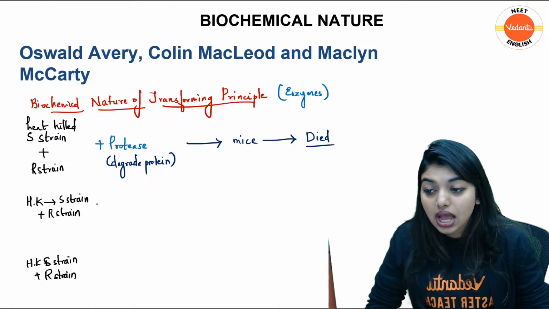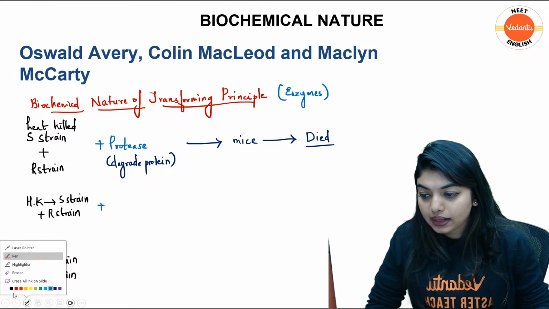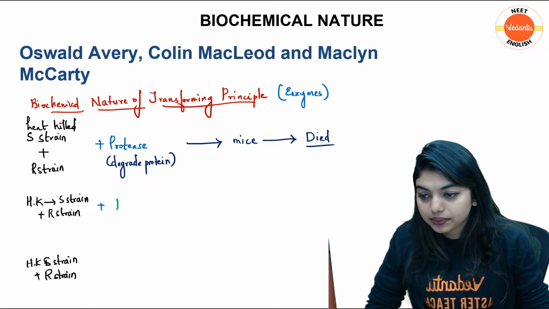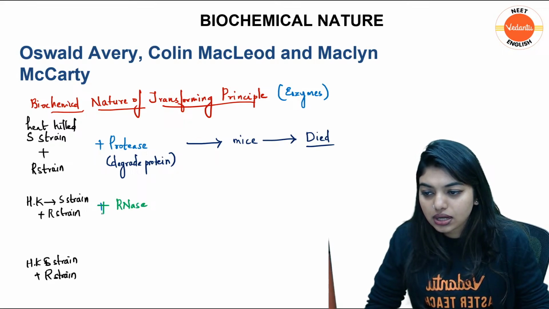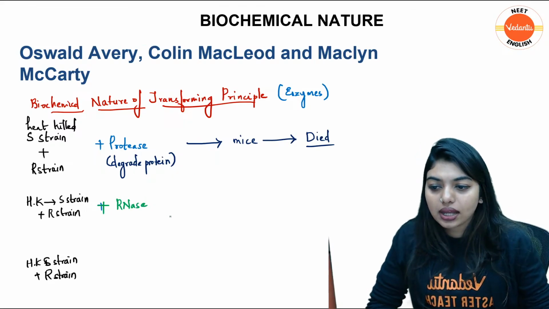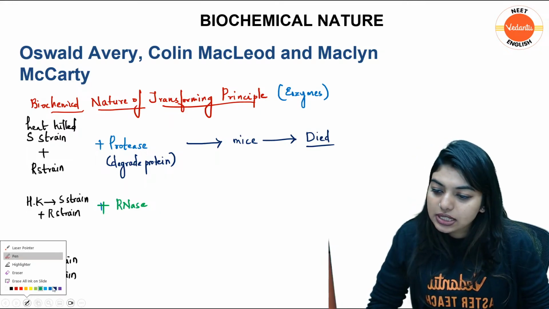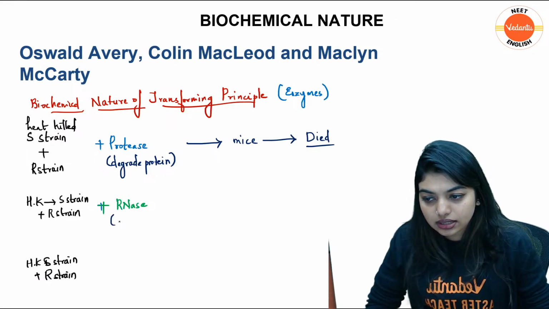What did they use? RNases. Let's write it with a different color. Now when they used RNases, what is expected? They would expect the same thing. If RNase, what will it do? It will degrade RNA.